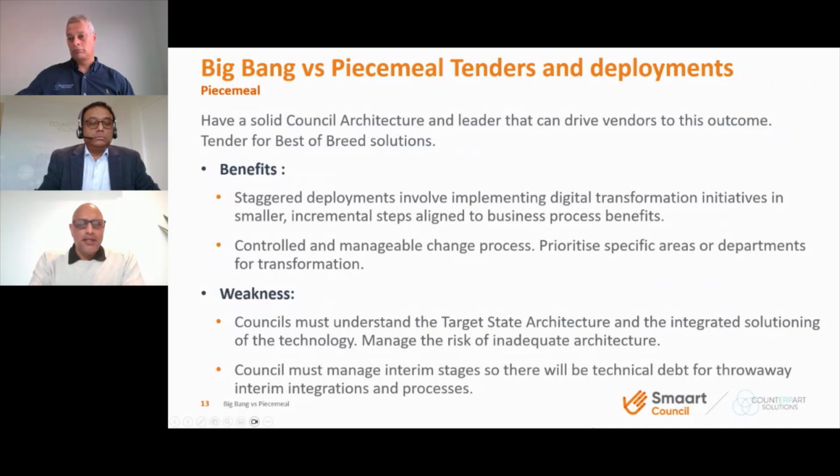As Wayne has stated as well, working with a vendor that can provide the end-to-end solution stack will reduce implementation costs in not having to integrate various applications in a piecemeal approach and potentially have interim integrations in place. Therefore, not spending money or throwing away money on interim integrations which may be discarded in time.